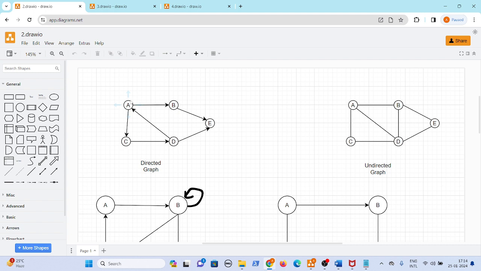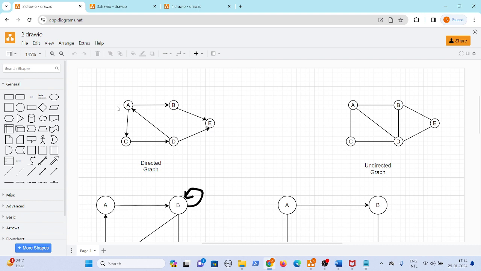So let's consider A as the southern distribution. From there it goes to its internal regions like B, C, and from a region it goes to districts. From districts it goes to towns like D, and from towns it goes to lanes or streets.